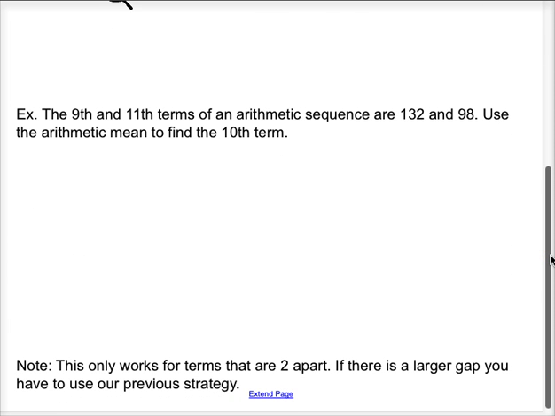Let's take a look at this one. The 9th and 11th terms of an arithmetic sequence are 132 and 98. Use the arithmetic mean to find the 10th term. So we have 132, our missing term, and 98. So again, instead of going through all of that work using the formula, you're just missing a middle term of 3 consecutive terms.